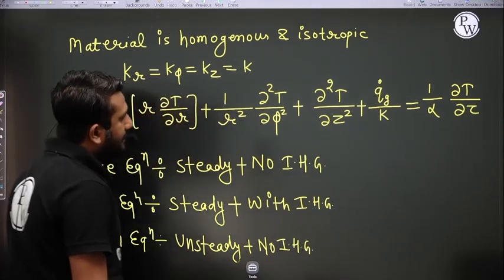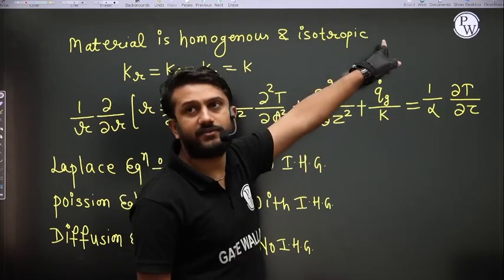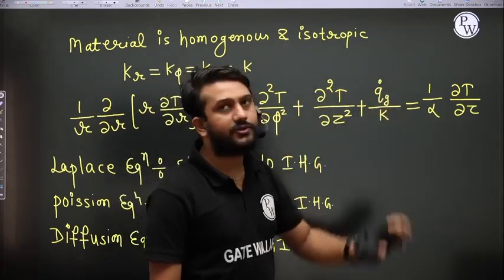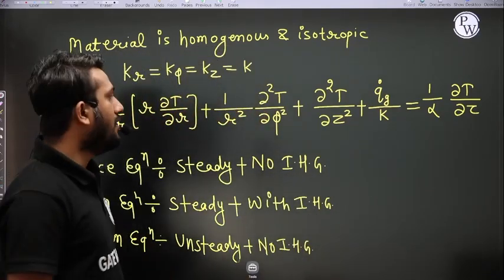If unsteady, that means this term is present. No internal heat generation, so this term vanishes. So this term plus this term plus this term is equal to 1 by alpha del T by del tau, and that is the diffusion equation.